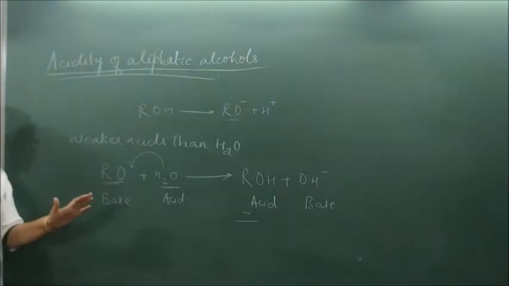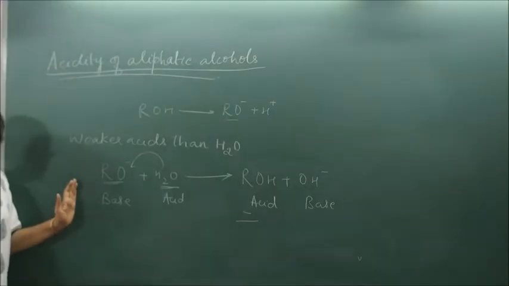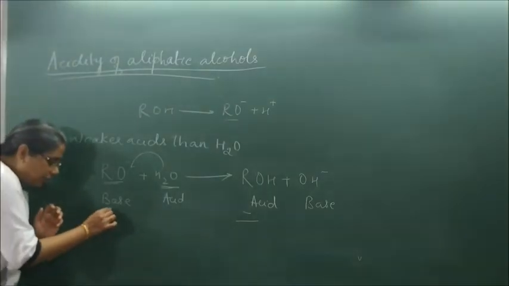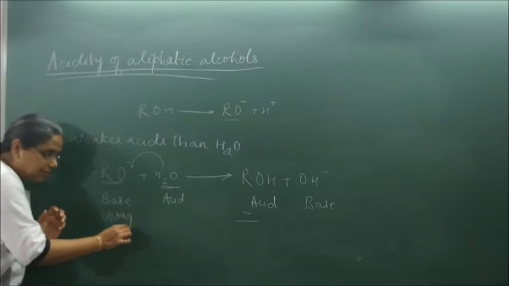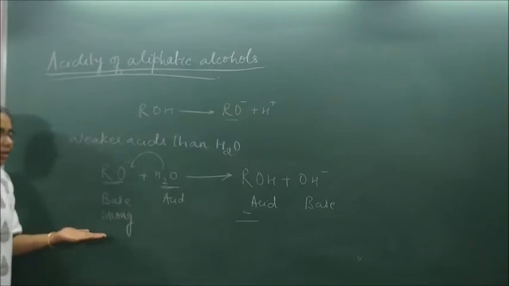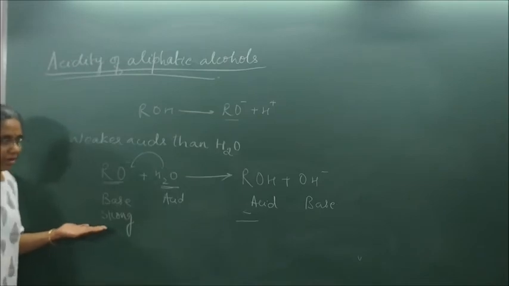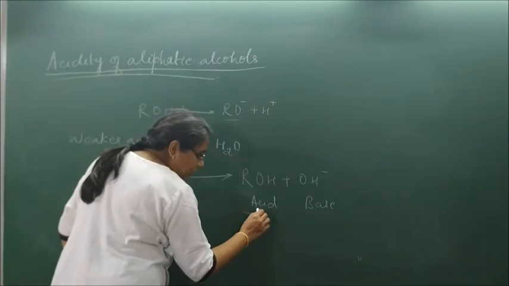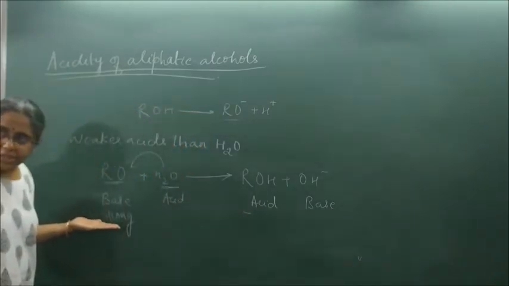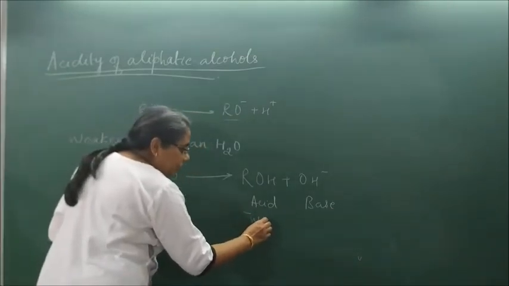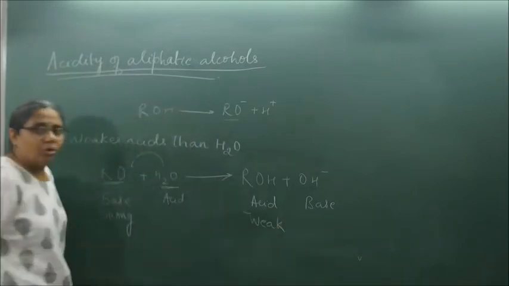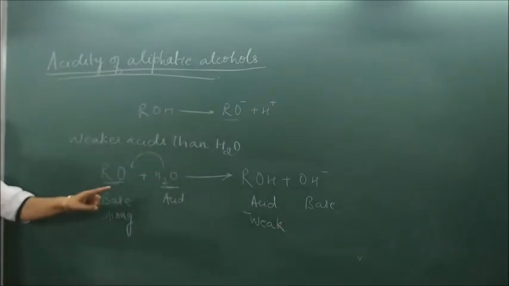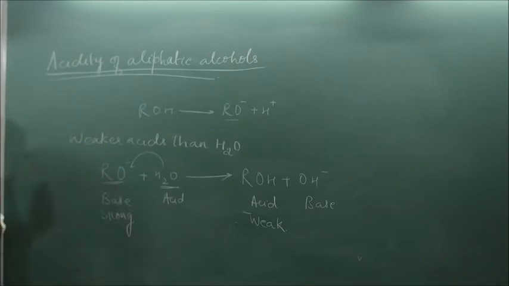Now understand what we proved here: that alkoxide is a strong base, because it easily accepts a proton. Its acid is ROH, isn't it? So if the base is strong, its acid has to be weak. So alcohols are weaker acids than water.